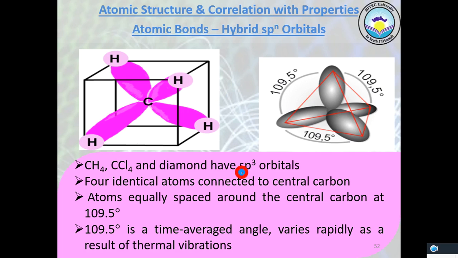How? You people know there is 1 part contribution of s orbital and 3 parts contribution of p orbitals in case of diamond, methane and CCl4. So 1 orbital from s and 3 from p.